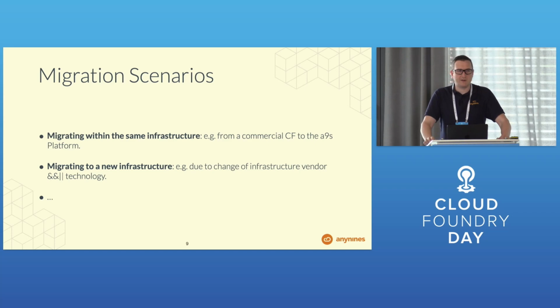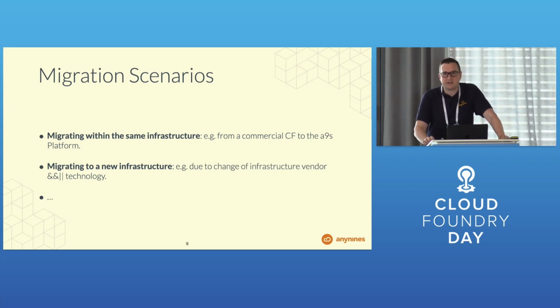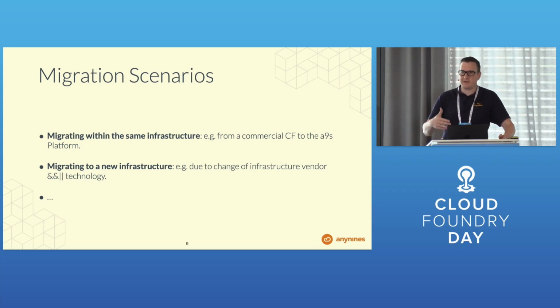Could be, for example, they want to move from something like OpenStack to a public infrastructure, or the other way around, or from one public infrastructure to another because of better discounts. Sometimes you migrate from one infrastructure to another because of legal reasons. For example, in China, you want to operate something where the infrastructure is closer to the government because you have to. So it could be motivated like that.